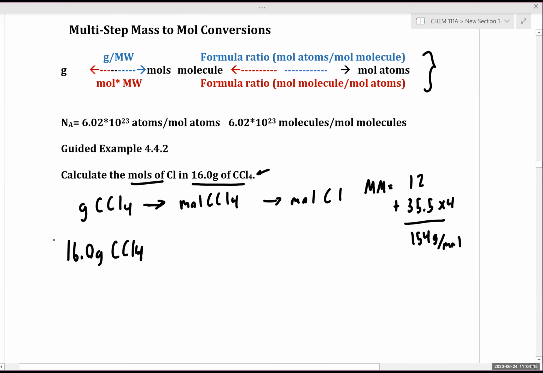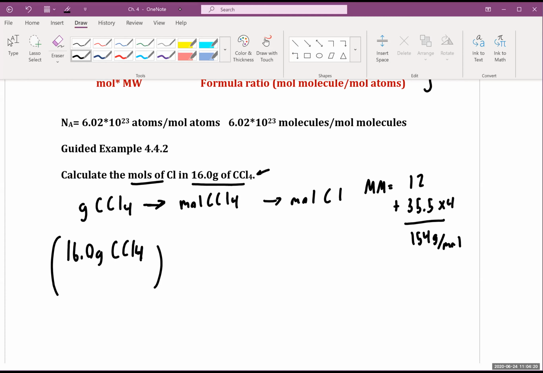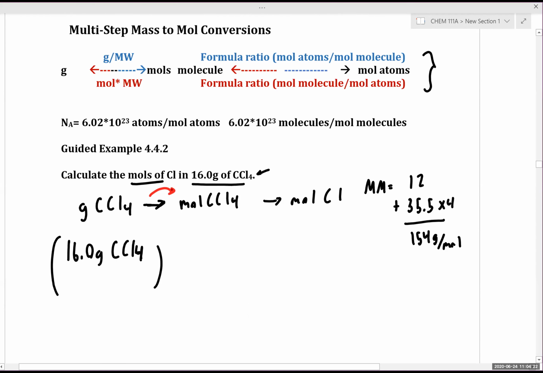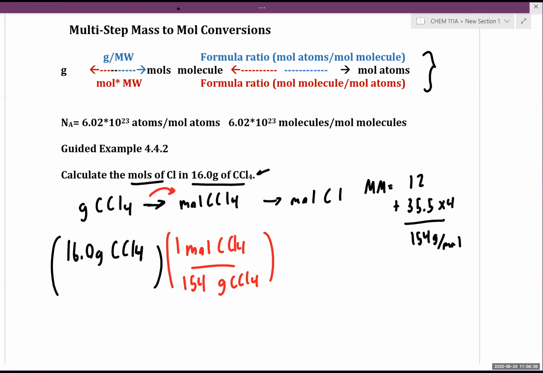So for our 16 grams of carbon tetrachloride, if we're going from grams to moles of carbon tetrachloride, I'd need moles of carbon tetrachloride on top, and I'd put grams of carbon tetrachloride on the bottom. So in 1 mole of carbon tetrachloride, I have 154 grams.